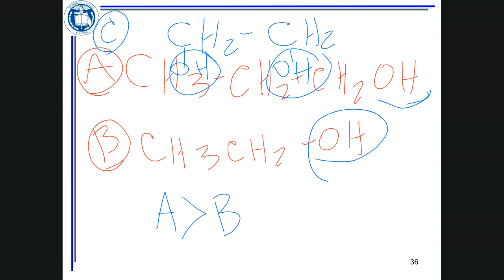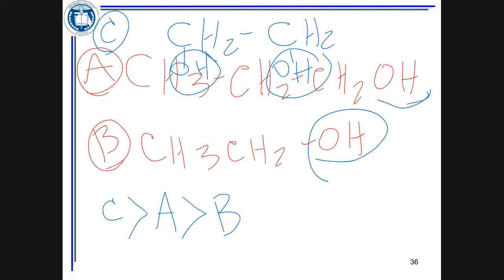It is going to have the highest boiling point. Very good. It has the highest boiling point because you have 2 OH, which acts like double the hydrogen bonding strength. And since hydrogen bonding, or intermolecular forces, takes the priority over the size, this is going to have stronger intermolecular forces and a higher boiling point.